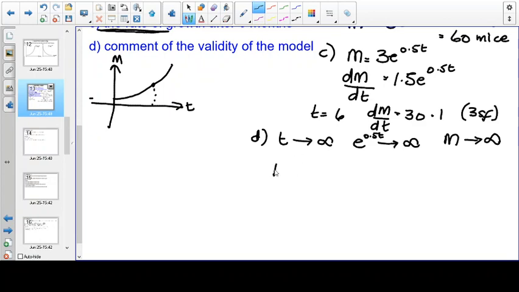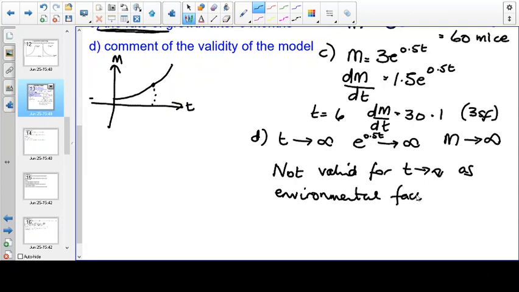I would say not valid for t tending to infinity as environmental factors should be taken into account.